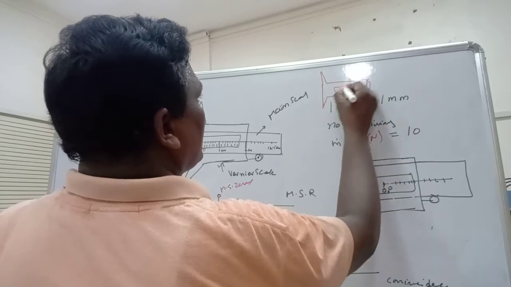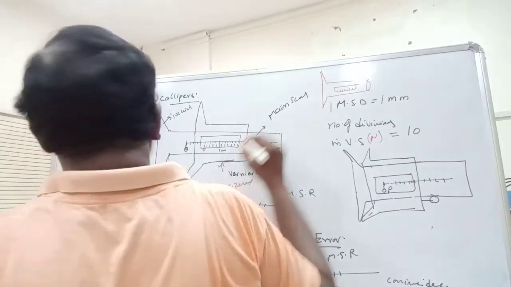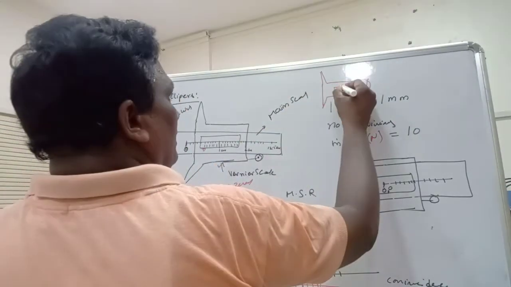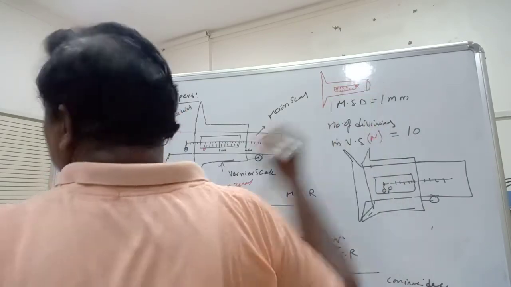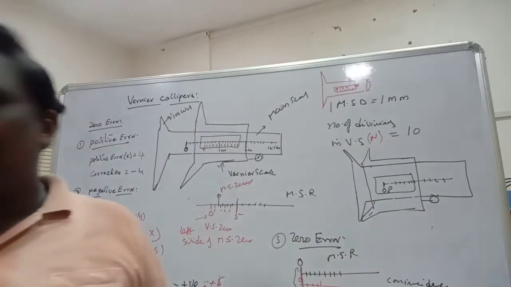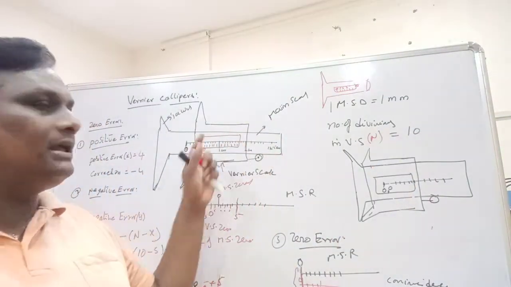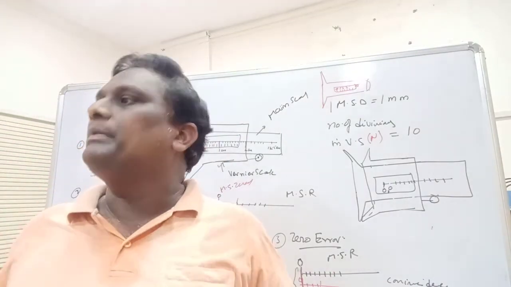Here divisions are there, like 1, 2, 3, 4. 11 lines are there. 11 lines means you start with 0, then 1, 2, 3, 4, like that up to 10. So total how many divisions? 10 divisions. So the number of divisions is equal to 10. This Vernier scale is sliding over the main scale.